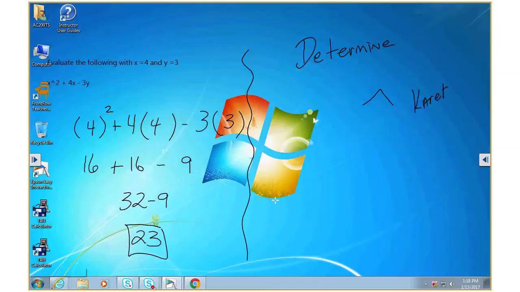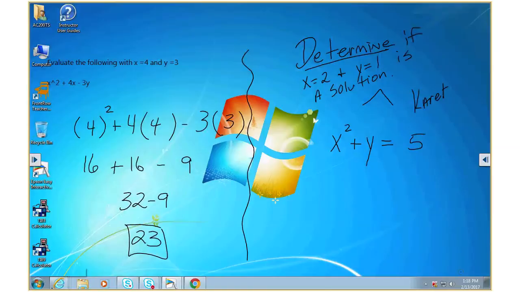All right. Determine if x is equal to 2 and y is equal to 1 is a solution. Again, there's your determinant. x squared plus y is equal to 5.